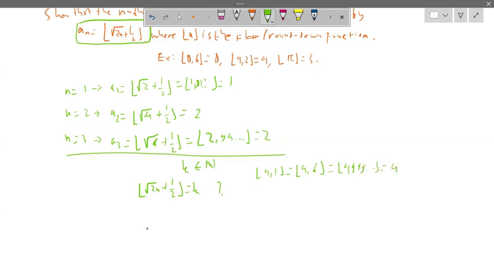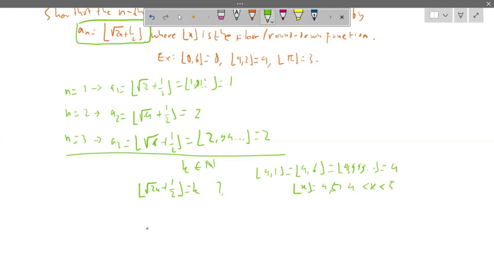So from this observation, if you want to find the values of x such that this equation is true, then you have to find x such that x is between 4 and 5.